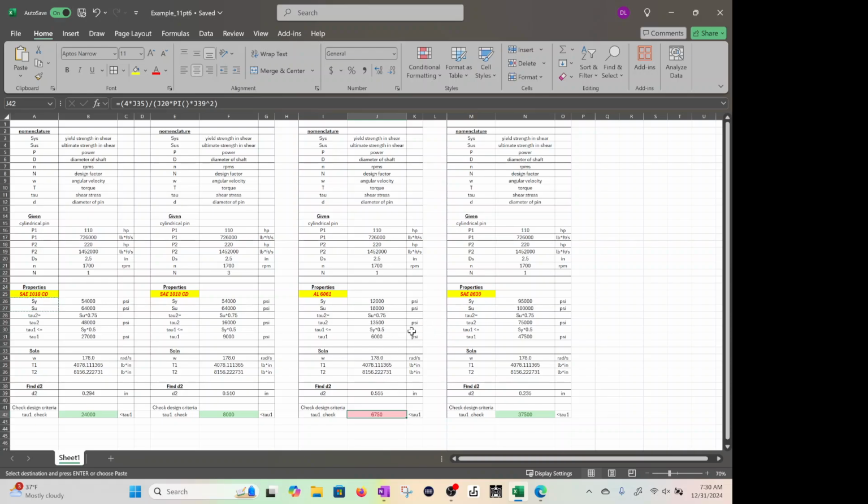And then back here, I used a different material, SAE 8630, and this one also works. Now, what I would do is you do these case studies, and then you put a price and see which one's going to cost the company less money and still get the job done.